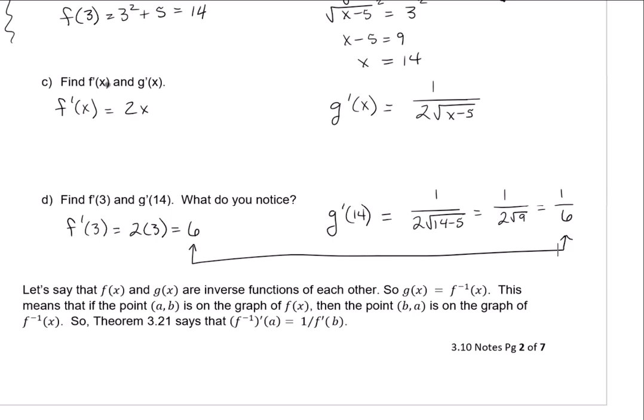Theorem 3.21 says that f inverse prime of a is going to be equal to 1 over f prime of b. So what this means to us is that we do not have to find the inverse in order to be able to get the derivative.